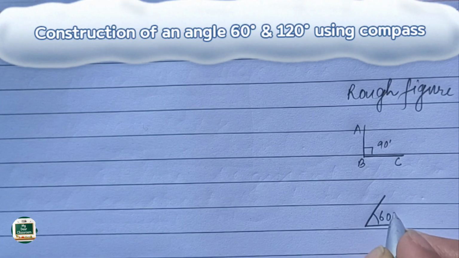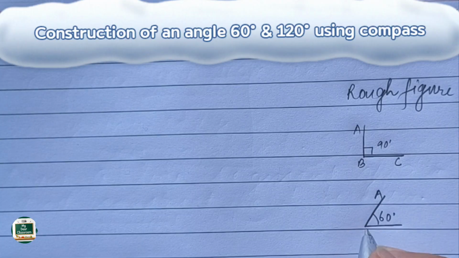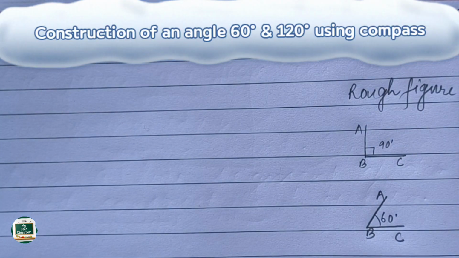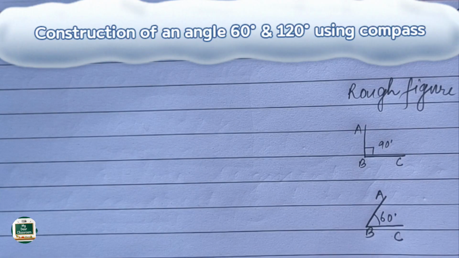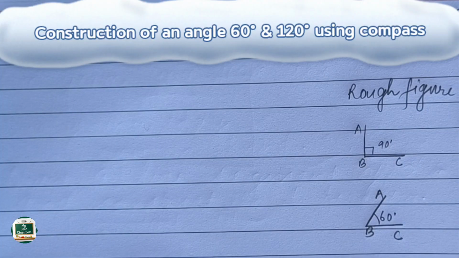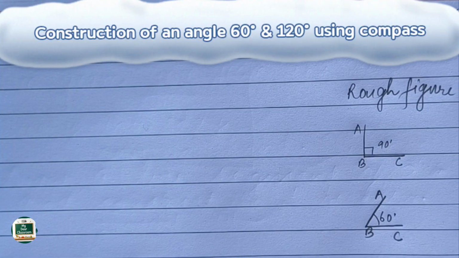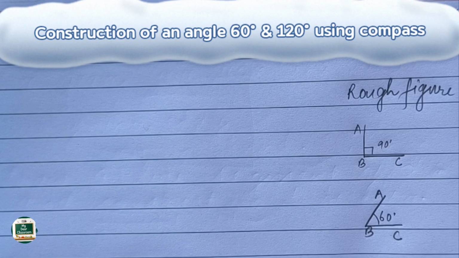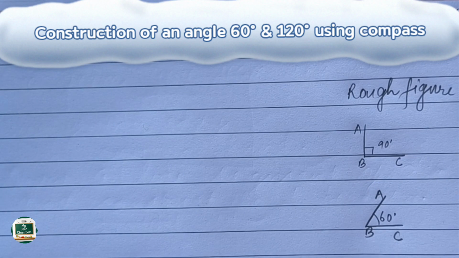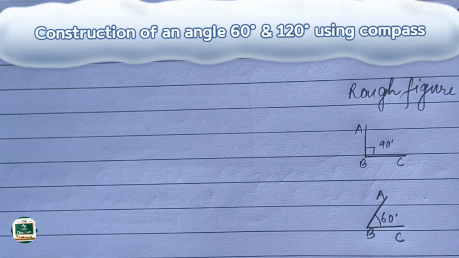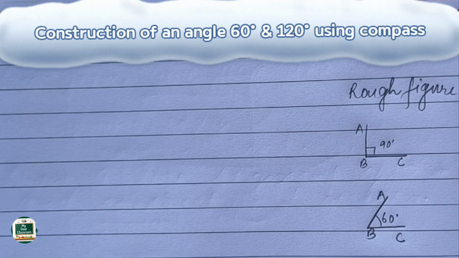So this is going to be 60 degree and let me name it ABC. And if I have to construct 120 degree, it will be more than 90. So like this, we can say 120 degree, XYZ. But we will be constructing it together. Let's do it.